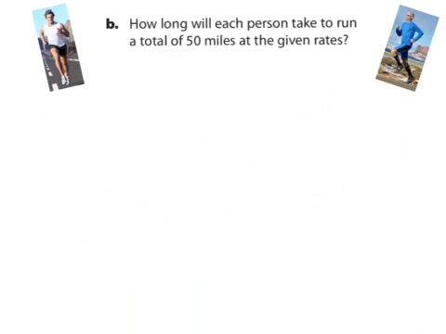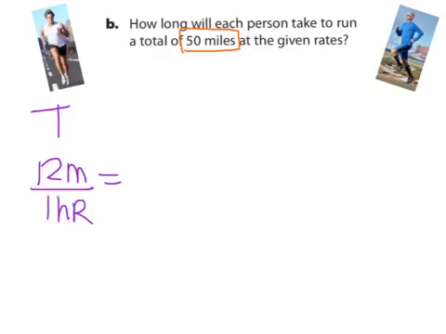Part B of question 12 now asks you to look at how long it would take the person to run 50 miles. So you still know that Terrence runs 12 miles in 1 hour. We want him to go 50 miles.